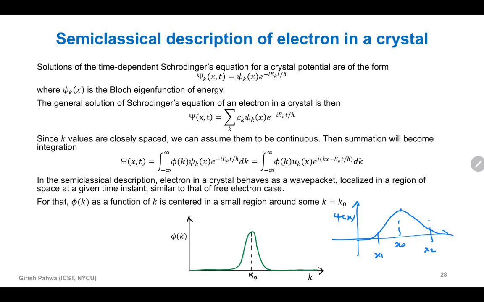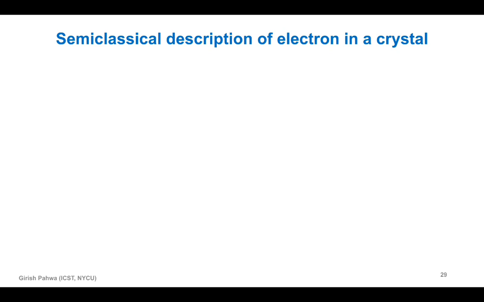It is similar, but it's semi-classical. So this is called the semi-classical description of the electron in the crystal, because we are seeing the electron as a wave packet, and we saw in the case of the free particle that the wave packet follows Newton's laws. What is Newton's law?